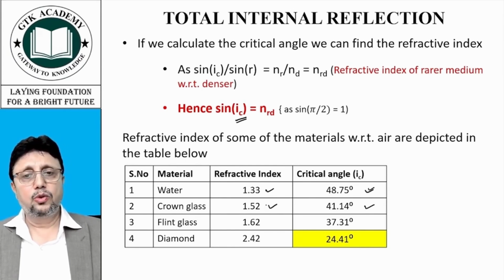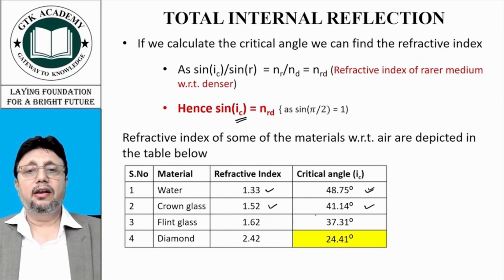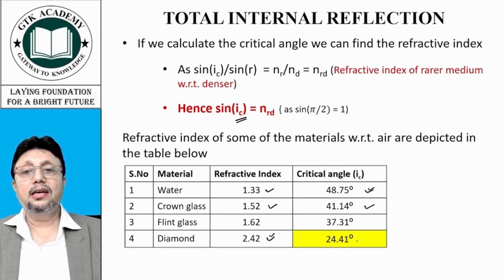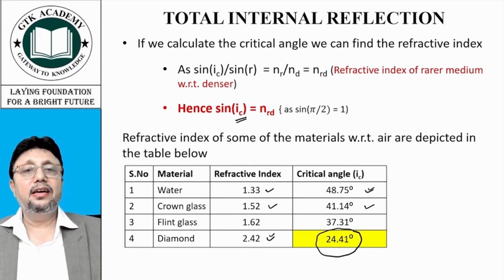But the thing which is worth noting here is that refractive index of diamond is the highest, 2.42, and the angle is pretty small, 24.41, means very easily a lot of rays are going to be reflected back when they are traveling inside a diamond towards air.